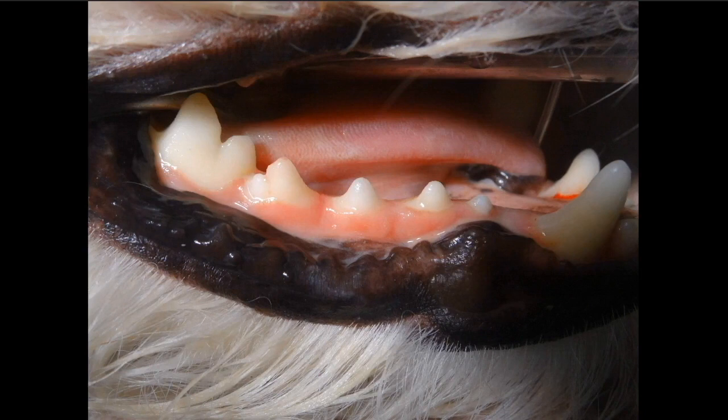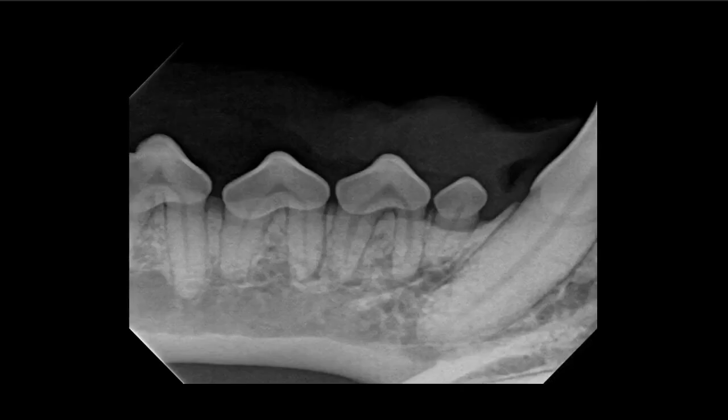Another example here, very subtle change. Look at that second premolar versus the two adjacent teeth. It's a little bit more cream colored, but not something that we jump on just looking at that grossly. And then look at that pulp cavity diameter on that tooth. That tooth is non-vital.